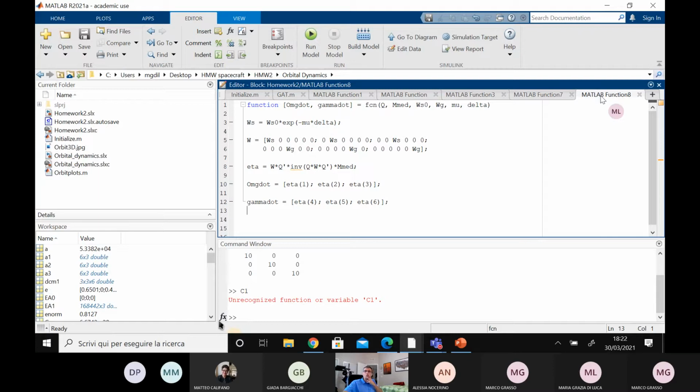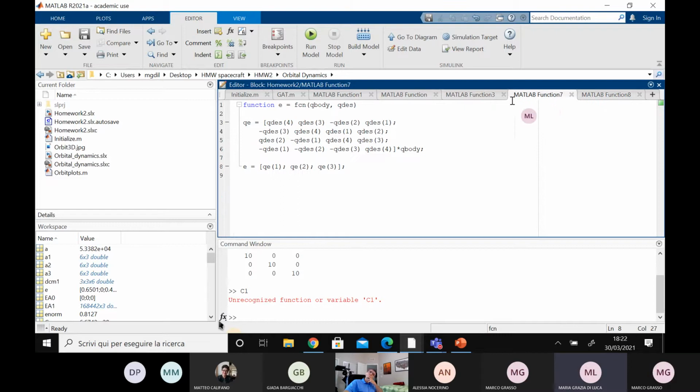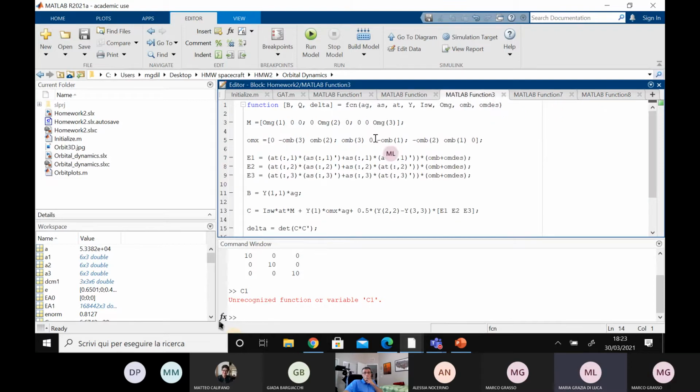Minus mu delta. How do you compute delta again? Okay, let me see. I have it here. It's the determinant of C times C transposed.